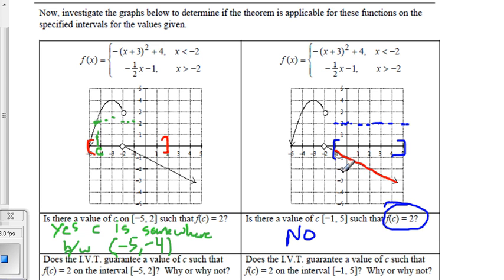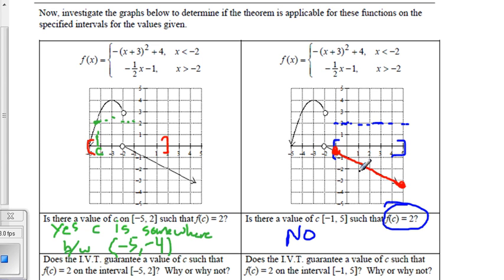But what I find out is f of c, which is 2, is not between f of negative 1, which is right about here, and f of 5. F of 5 is down here. So 2 is not between those two values. Okay, so does it guarantee a value?